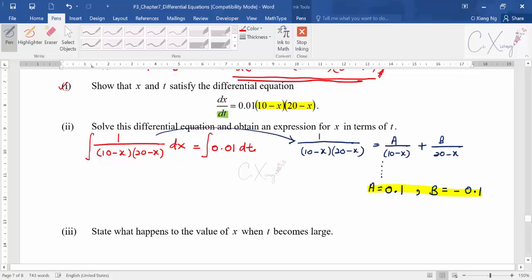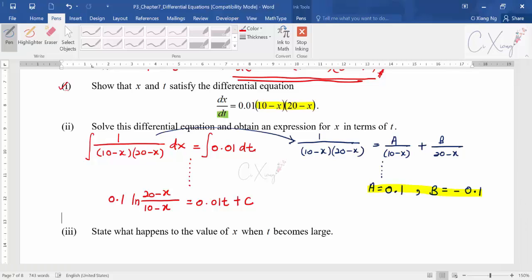Then you need to integrate both sides. When you integrate both sides, you should be able to get to this step: 0.1 ln (20 minus x) divided by (10 minus x) equals 0.1 t plus c.